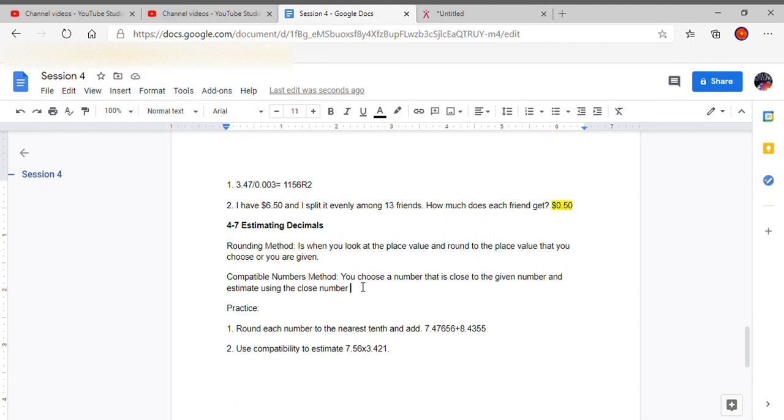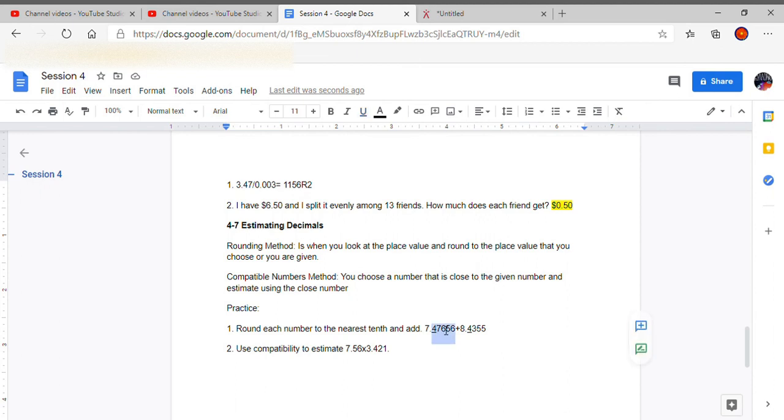So number 1, round each number to the nearest tenth and add. So nearest tenth would be this place. So we can round to this nearest place and add. So when you look at this next one, and when you round, if this is 4 or low, go down, 5 or high, go up.